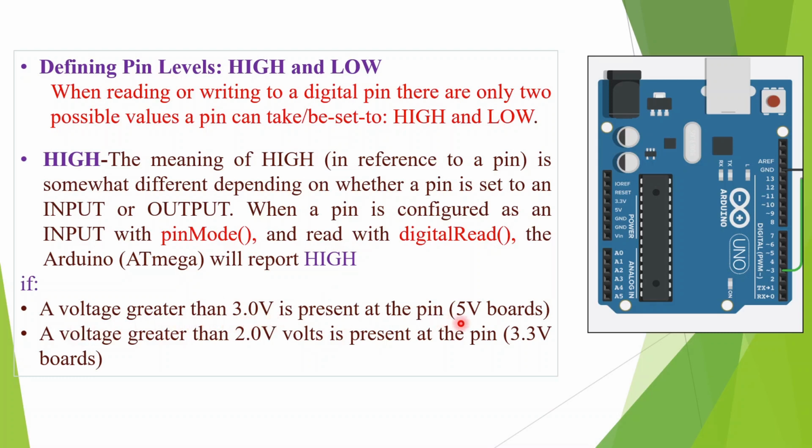When we are using a 5 volt board, if we are receiving 3 volts on a particular pin from any sensor, then it will be represented as HIGH. On a 3.3 volt board, just like NodeMCU ESP32, if the voltage you are getting is greater than 2 volts, then that particular pin will receive the data as HIGH.